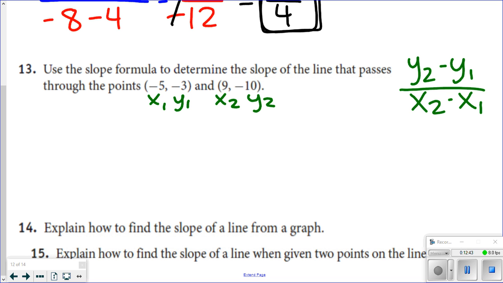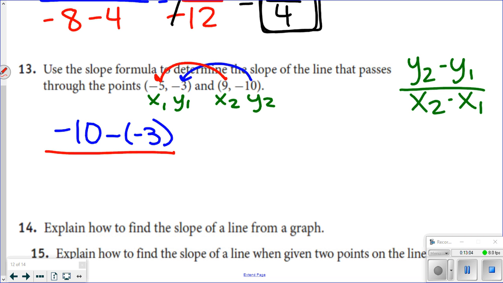You can do it. Y2 minus y1. So negative 10 minus negative 3, divided by x2 minus x1. So 9 minus negative 5.